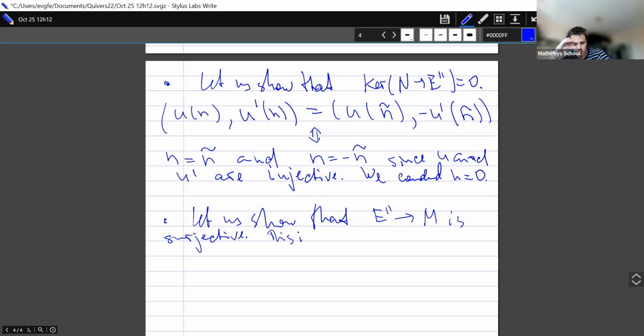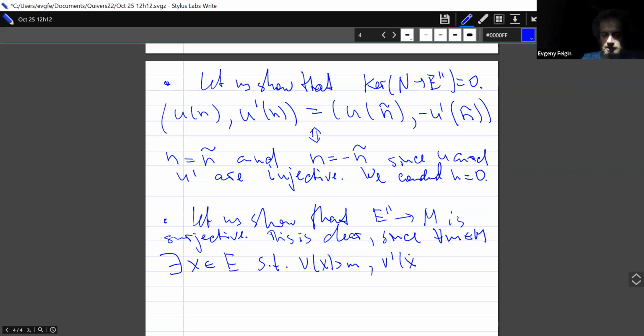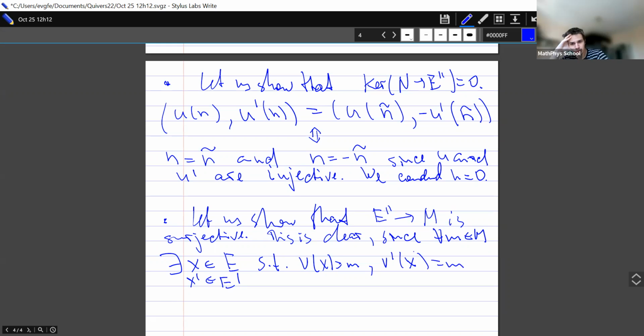So this is clear, since for any M in M, there exists an X in E such that V of X is M, and hence, well, we can even write better: X from E and X prime from E prime, such that V of X is M and V prime of X prime is also M. Yes, thank you.